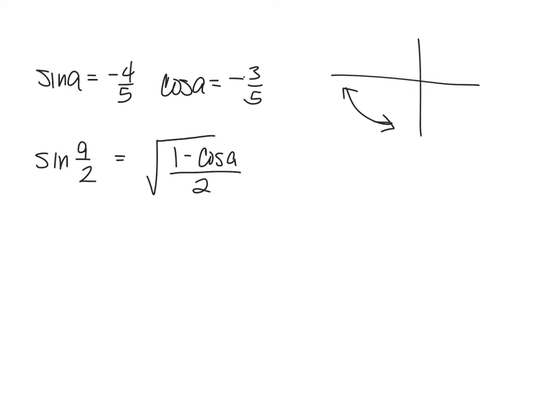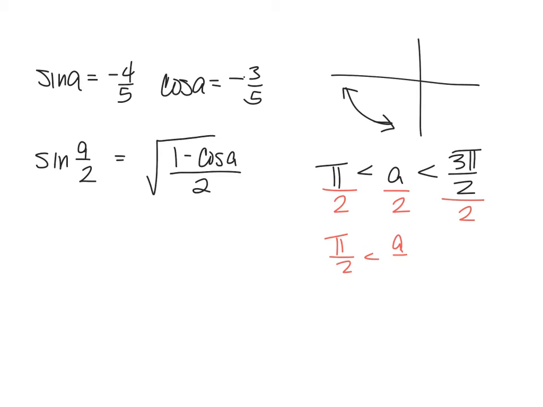Oh, but I'm sorry, we're doing A over 2. So remember, we need to figure out where we are now: between pi over 2 and 3 pi over 4. So that is going to be up here, where sine is positive.